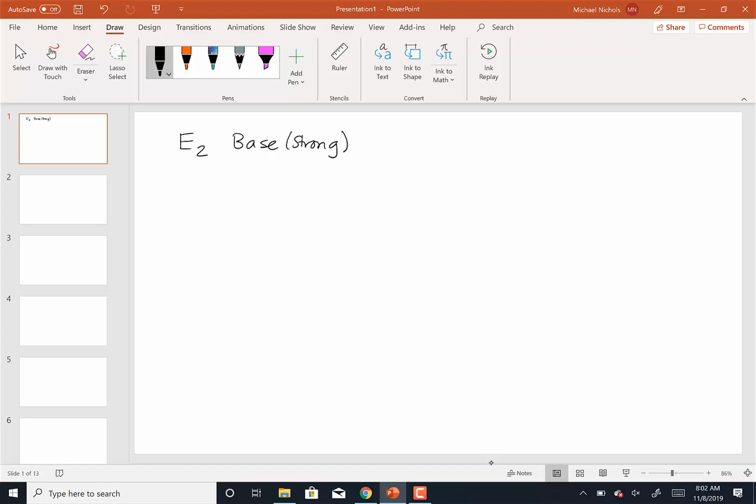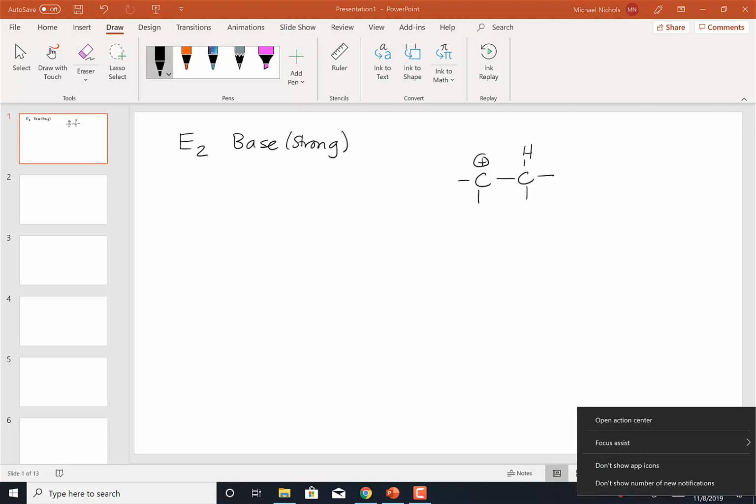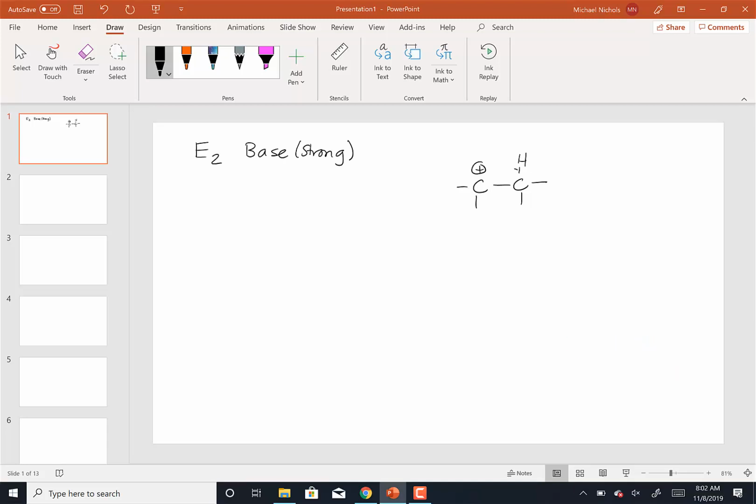When we did E1, just as a comparison, when we formed the carbocation and we lost the H+, sometimes the book will show a mechanism where a water comes in and grabs the hydrogen, and then the H+ gets pulled off by that water and the double bond forms.